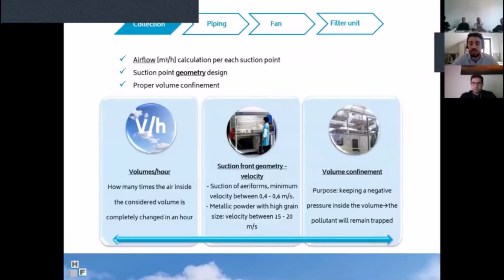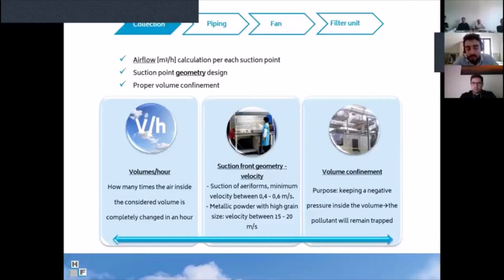This means that a suction hood like this in the picture probably is not a good way to collect this kind of powder. So we don't suggest using a suction hood like this, but we suggest making a small suction hood close to the site of production of the dust. In this way, we increase the velocity.